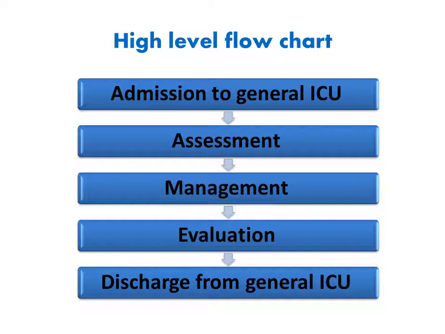Admission to general ICU, assessment, management, evaluation, then discharge from general ICU. So these are only the main steps. All the main steps should be in a square or rectangle. Just the main steps. No need for details, no need for decisions. The detailed-level flowchart is a little bit different.